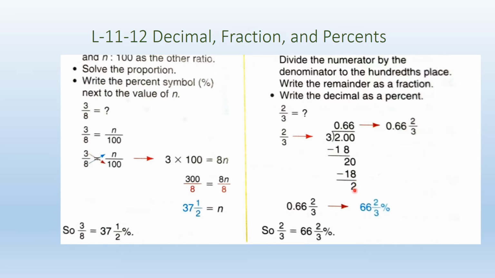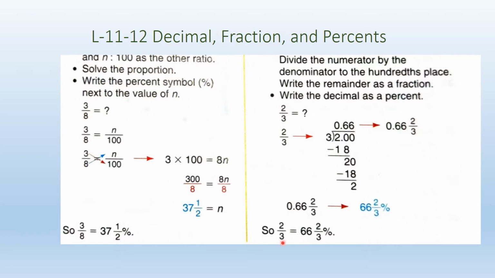What is the meaning here? You can see 0.66. That means it is repeating. Then what is the answer of 2 by 3? It is 0.666, and you can also write 0.66 with remainder 2.